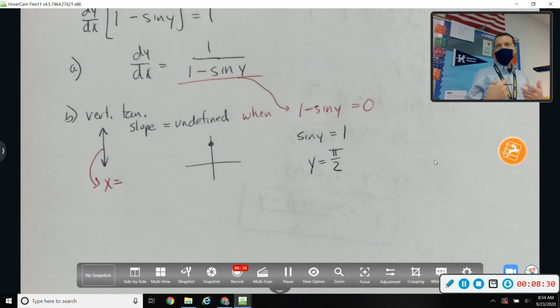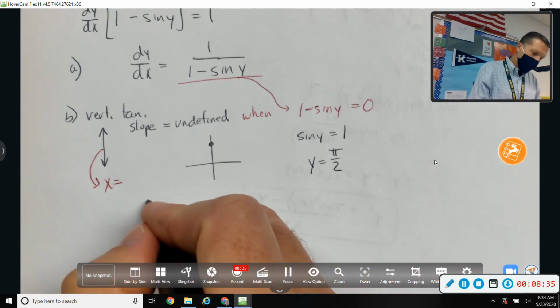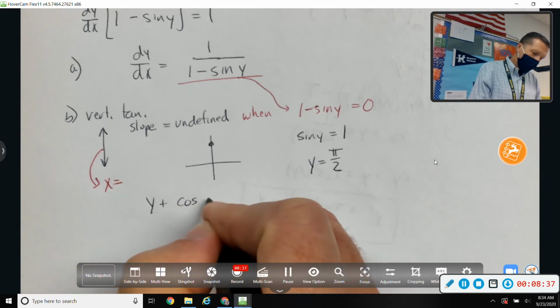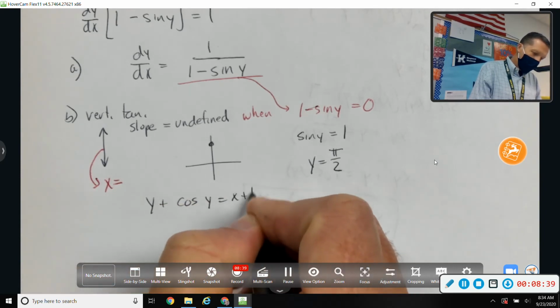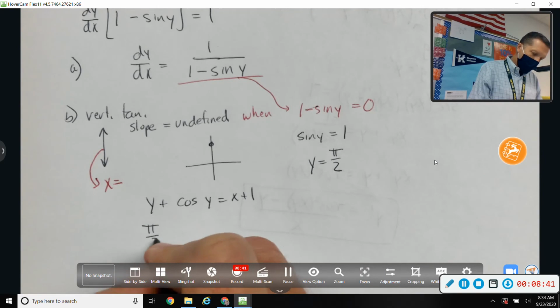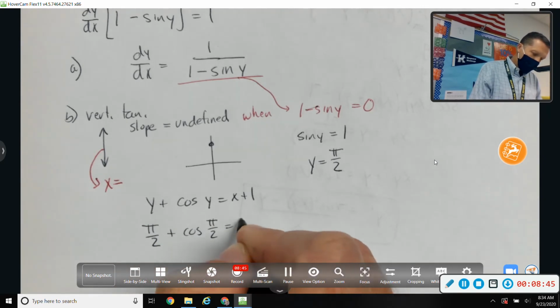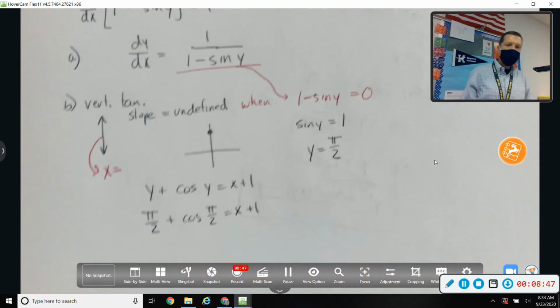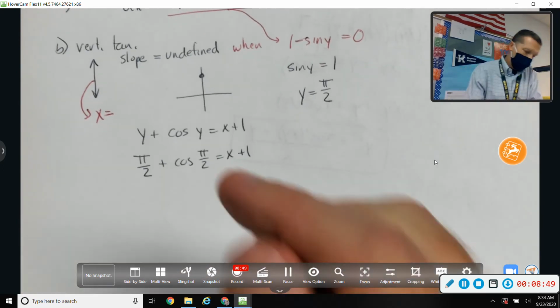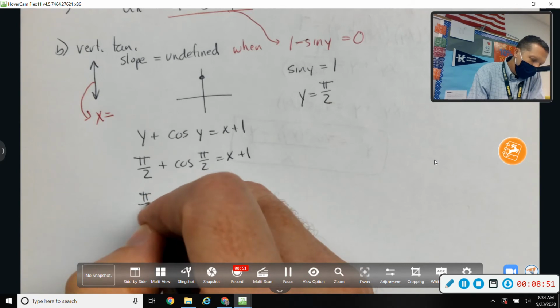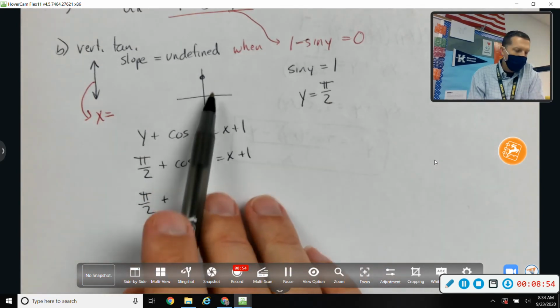So let's go back to the original equation to figure out, if y is pi over 2, what's x equal to? So pi over 2 plus cosine of pi over 2 equals x plus 1. Pi over 2 plus, I already got my picture for pi over 2.